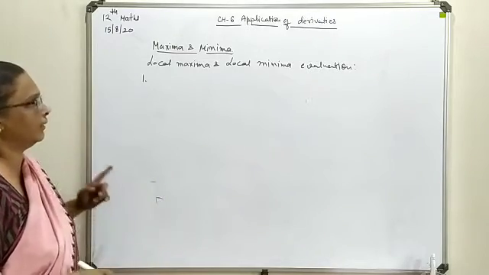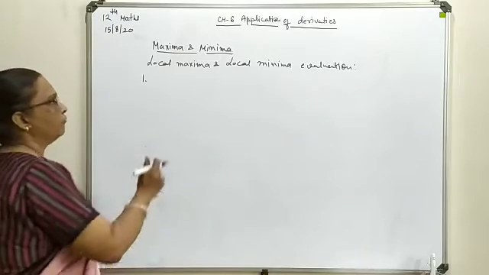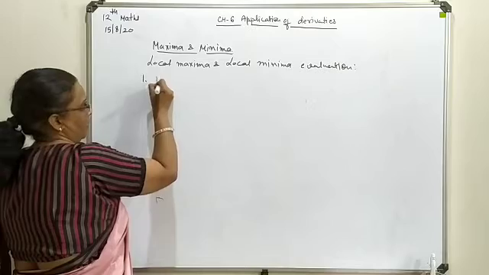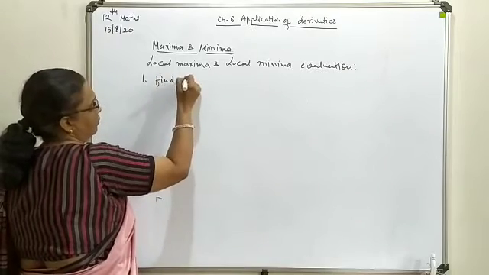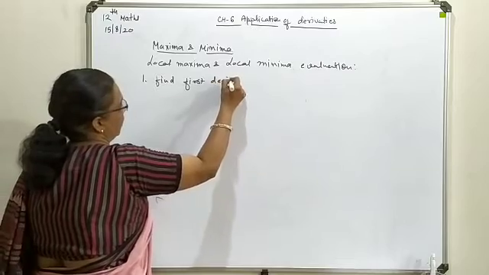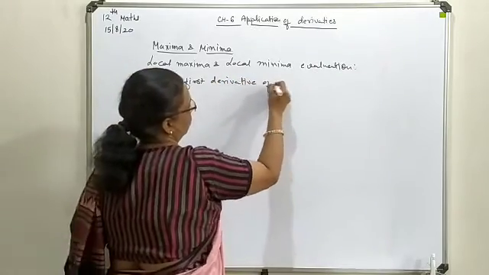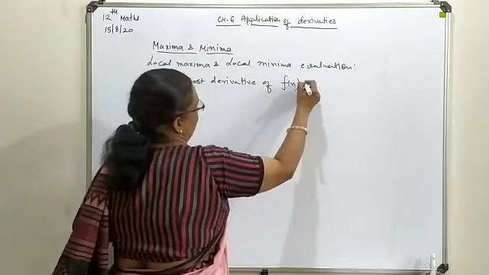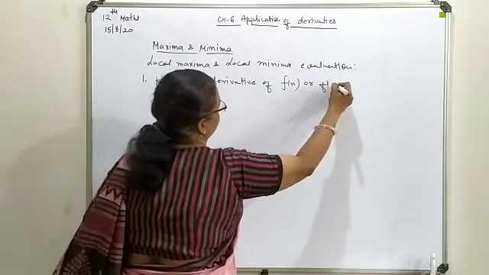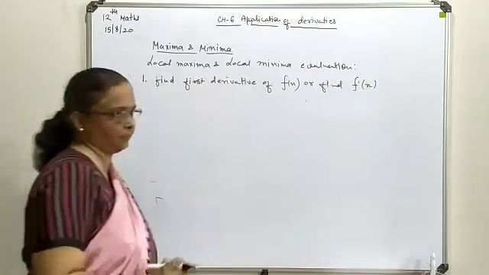So first of all, identify your function and then proceed for first derivative. So first find out first derivative of f(x), or you can say find f dash x, first step.